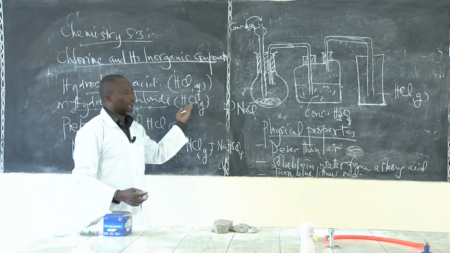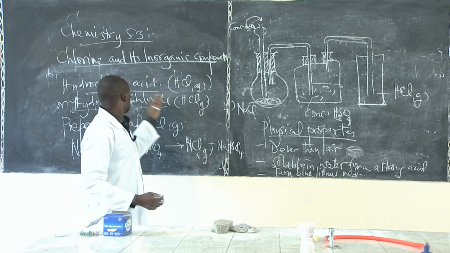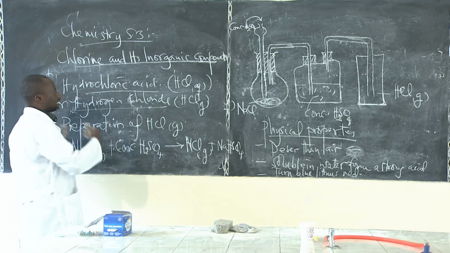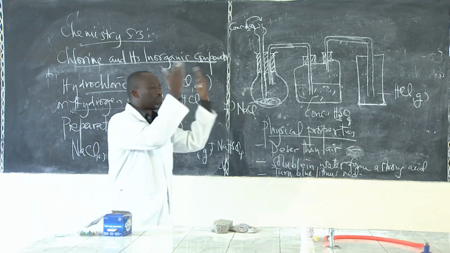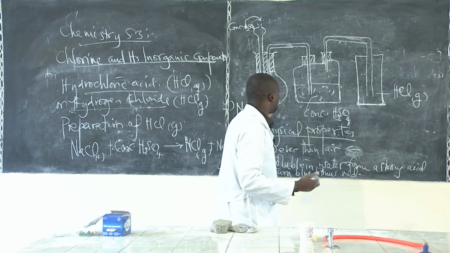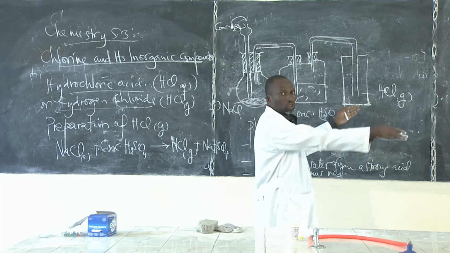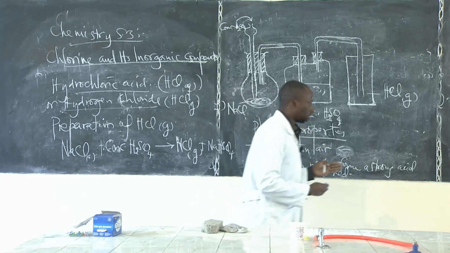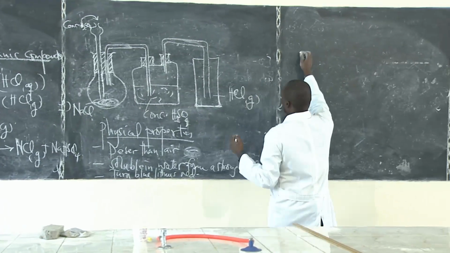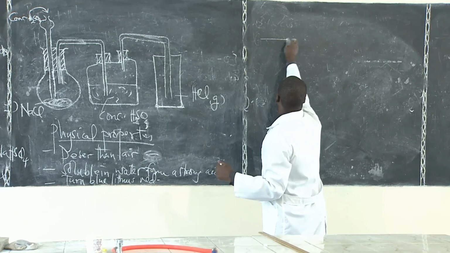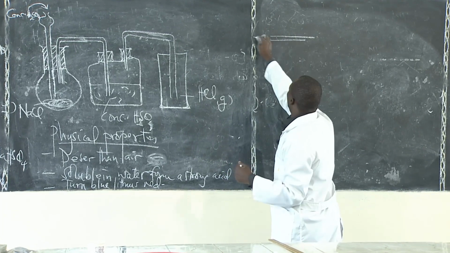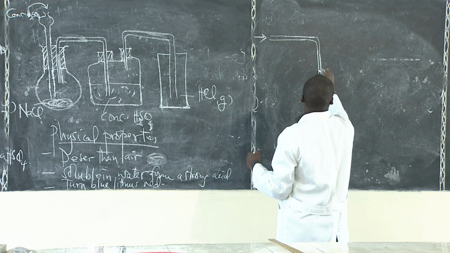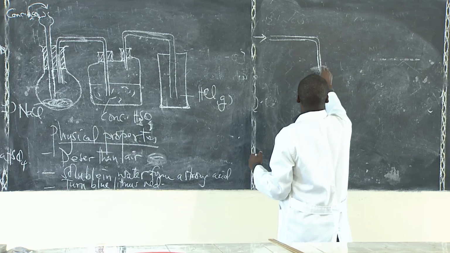Then, as I mentioned before, hydrogen chloride is a gas, and hydrochloric acid is aqueous. So how do we get this hydrochloric acid? Just by passing the prepared gas into water. This is a simple example. We are passing this gas into water.